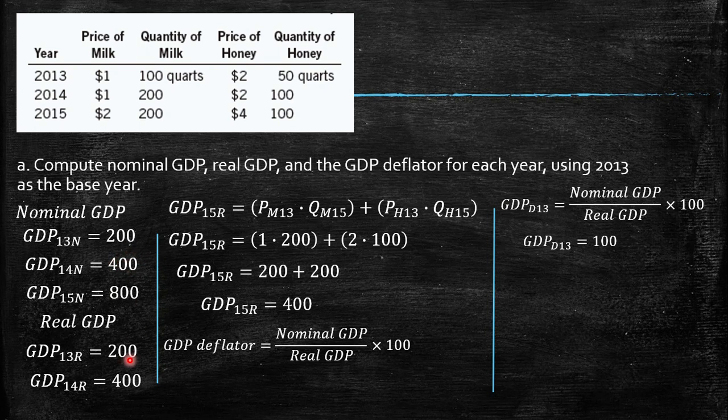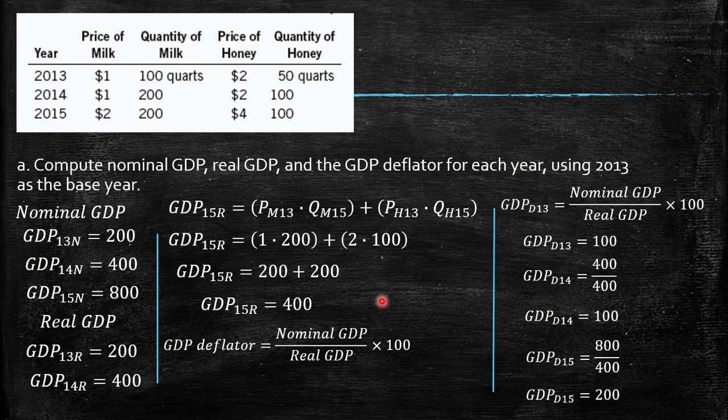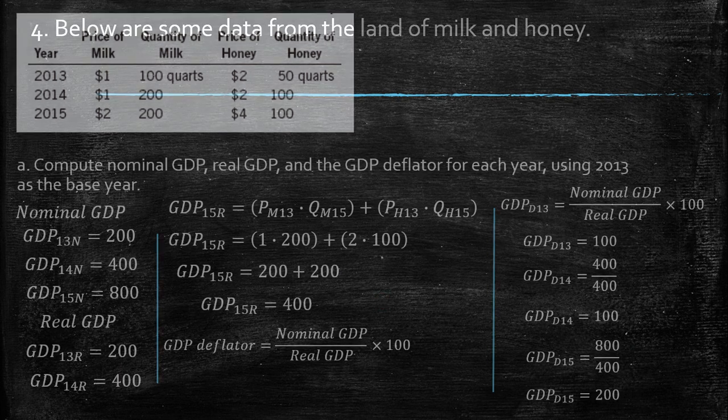The real GDP is exactly the same because it's the same year. So times 100 is 100. Then for 14 it should be the nominal, which is 400, over the real, which is 400. Then again, the GDP deflator for 2014 should be exactly 100. And then for 15 it should be 800, which is the nominal, over the real, which is 400. Then we end up with 200.